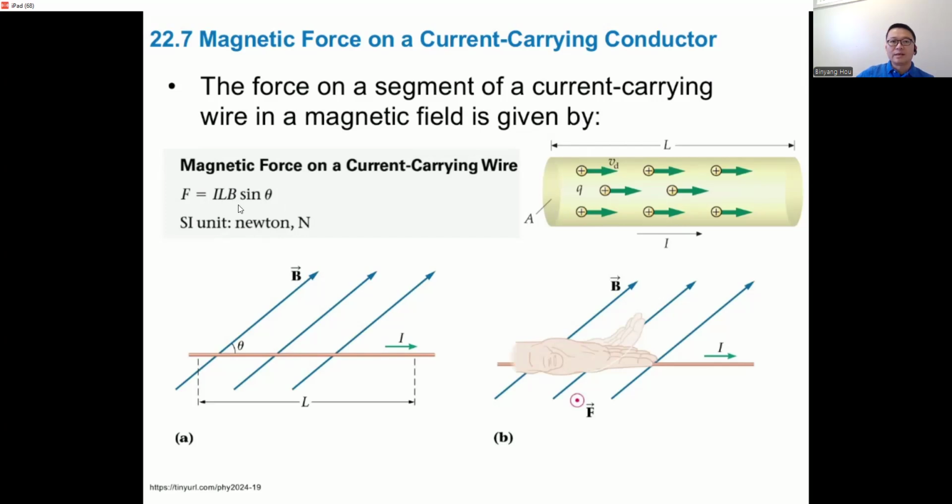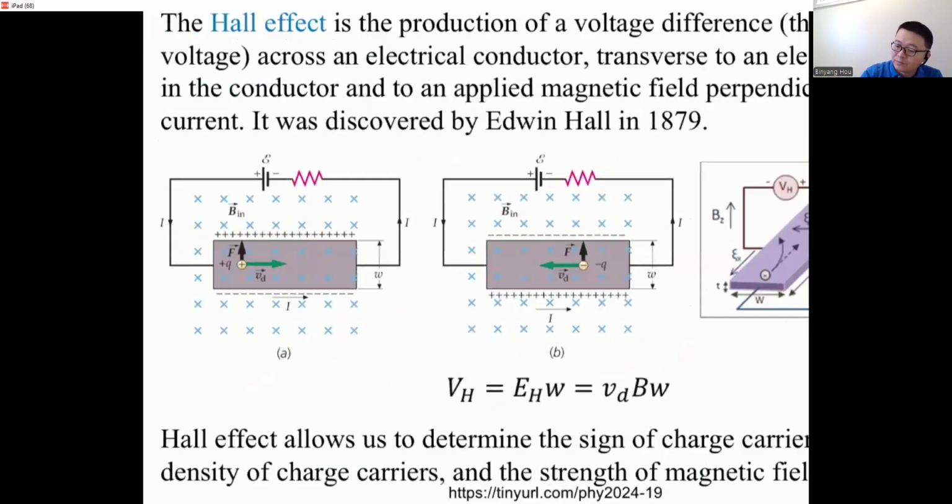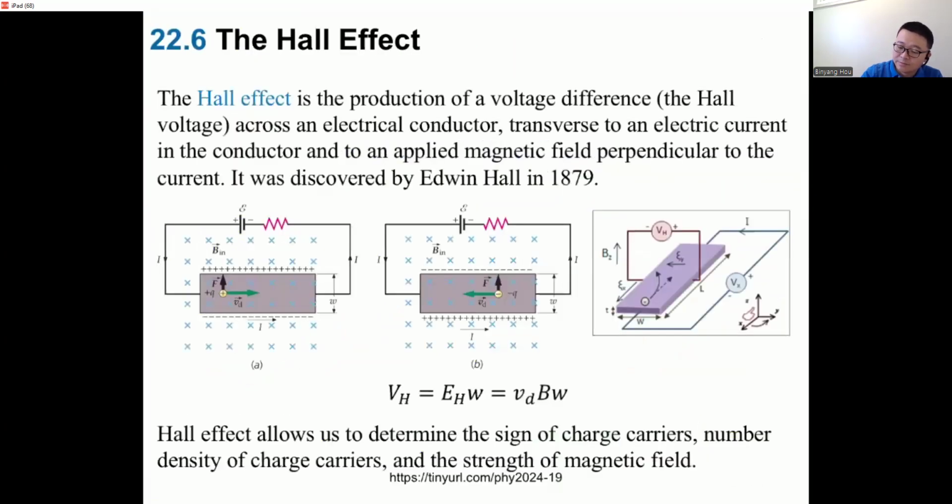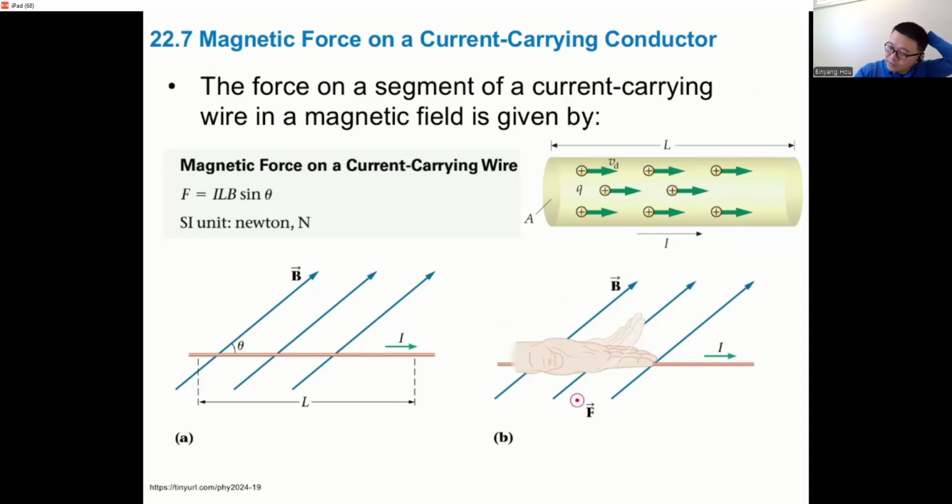You don't have to remember this, but this is similar to the force for charged particles, which is QVB sine theta. So B sine theta, B sine theta, they are the same.